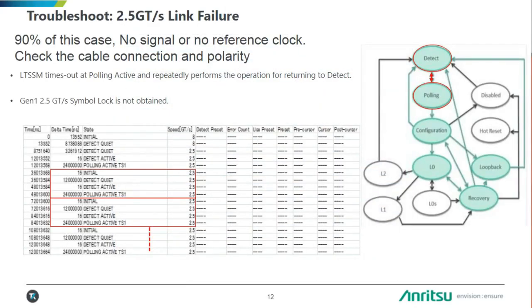Let me talk about some troubleshooting. Say you try to link, but never get linked. From the LTSSM, the DUT is always looping at 2.5G, and it doesn't get out of the 2.5G polling. In 90% of these cases, maybe there is no signal or no reference clock. So check the cable and polarity, and make sure the reference clock is connected to the compliance board.